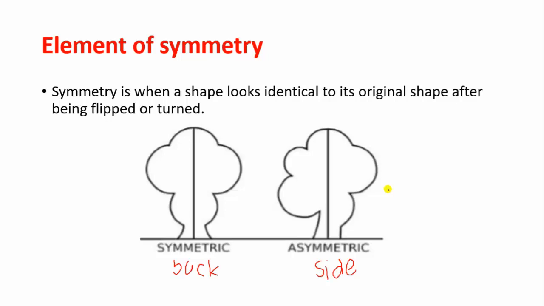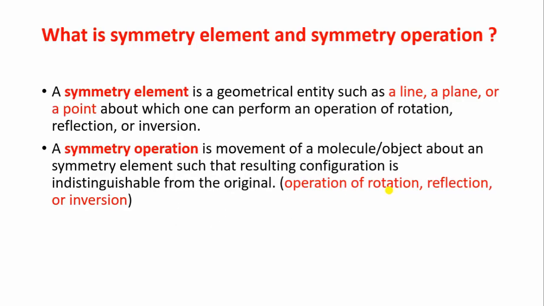So we are going to learn symmetry elements and symmetry operations. Symmetry elements can be understood by line, plane and point, and symmetry operations can be understood by rotation, reflection and inversion.